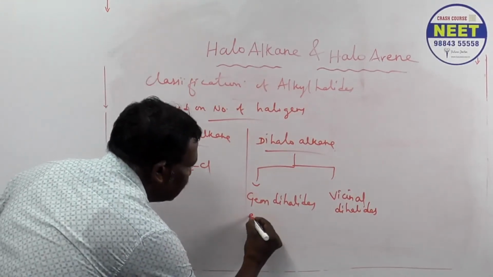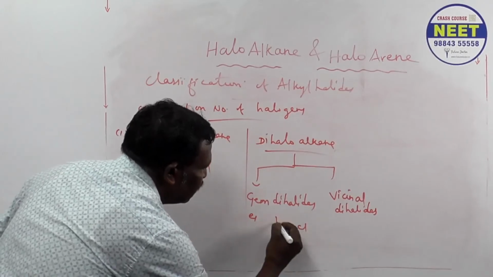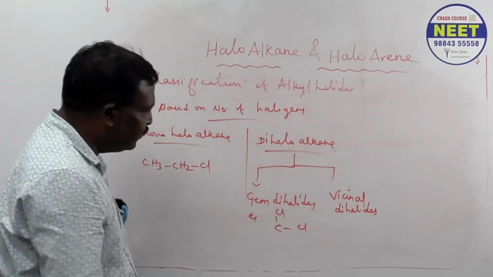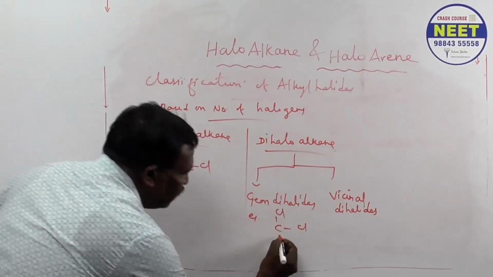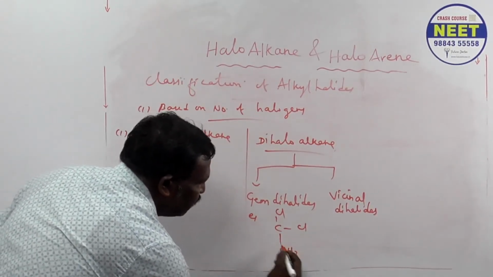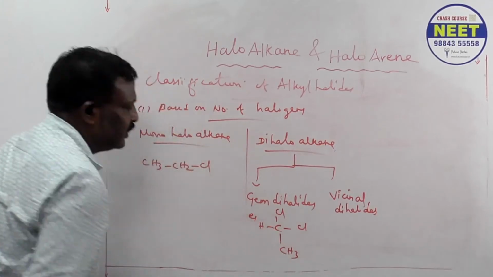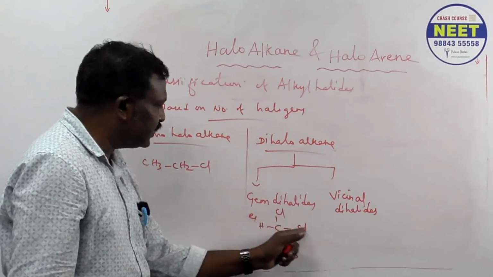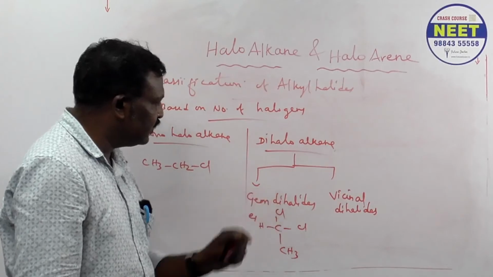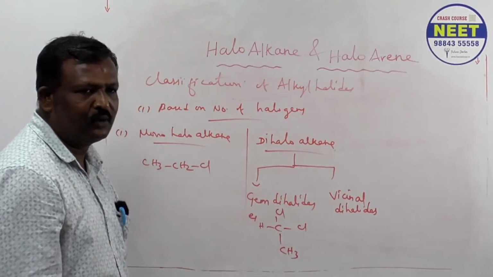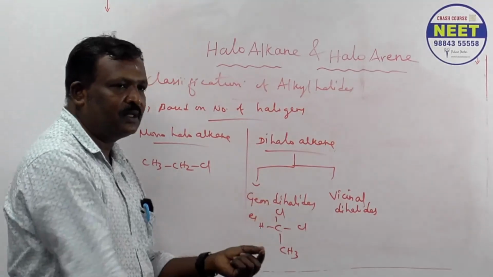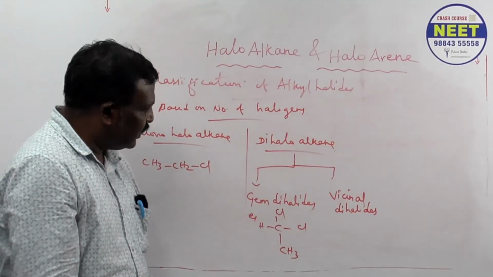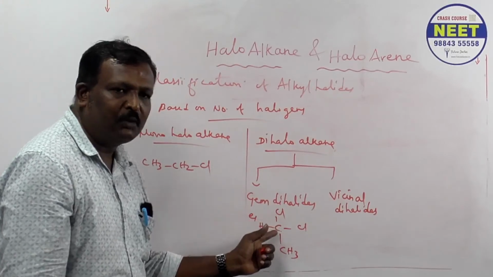So, examples. Following, two halogens attached to the same carbon, understood? Is this example correct or not? Two halogens attached to the same carbon. Any one example you can give, but gem means two halogens attached to the same carbon. We can give ethane. What's the name of the compound?